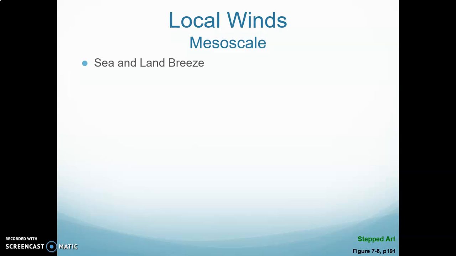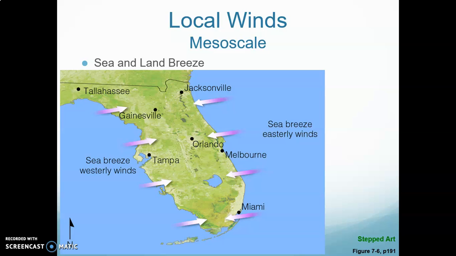All right, now here in Florida, we have a very unique situation. Here in Daytona Beach, we have a sea breeze that's coming from the east, from the Atlantic Ocean. But across the state, over in Tampa, they get a sea breeze coming from the west, from the Gulf of Mexico. Okay, great. So we each have our own sea breeze.